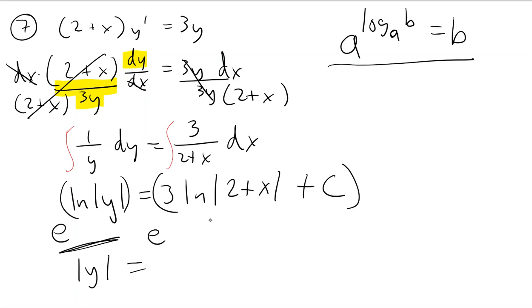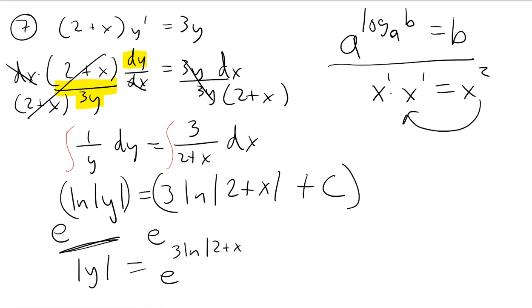And this guy, we can go ahead and split it up, because when you multiply things with the same base, you add the exponents. Well, I'm going the opposite way. So I'm going to split these two up. Multiplying things with the same base could add the exponents.